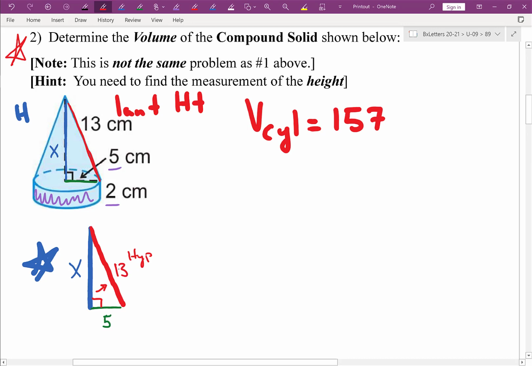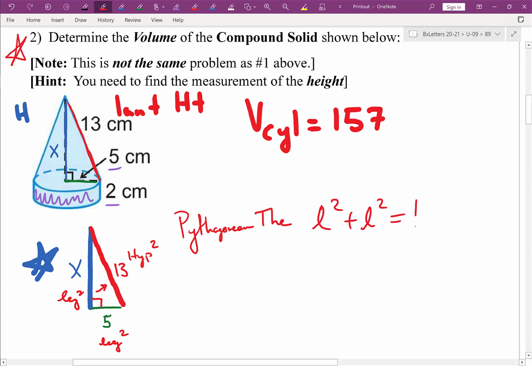Now, if I knew the angle, I could do trig, but I don't know the angle. So this is a Pythagorean theorem. Leg squared plus leg squared equals hypotenuse squared.